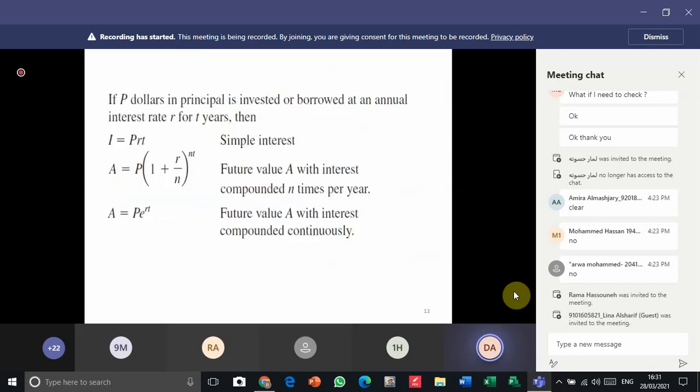Now, an example about the exponential function. This is an approximation of the exponential function, because with n going to infinity, we have E. If we have a principal B invested or borrowed at the annual interest rate R, with time T years, then we have simple interest.